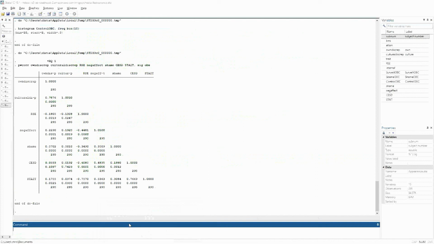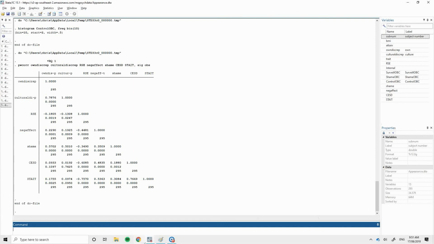So that's how I would formally conclude on this first relationship, but we're going to do it much quicker for the rest. So now I can look at these two columns to tell me the relationship between own discrepancy and cultural discrepancy. And here I can see for self-efficacy there is a significant negative relationship. So I'm defining significance here as less than a p-value of 0.05.